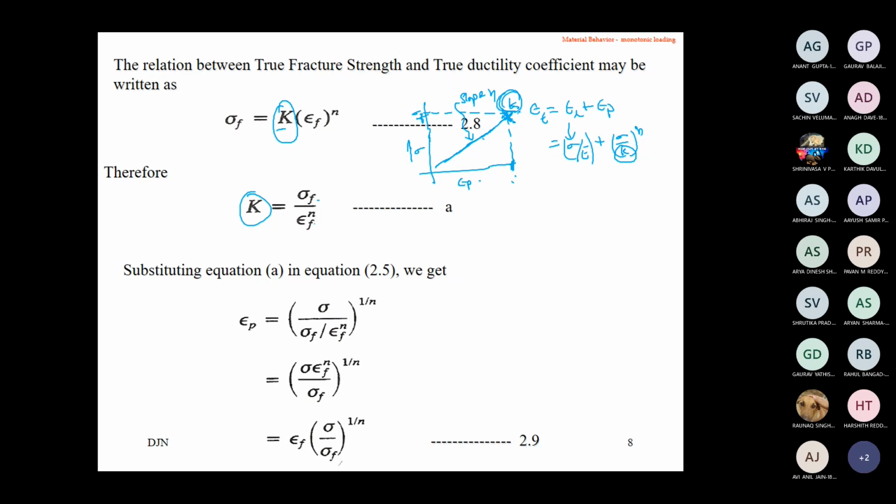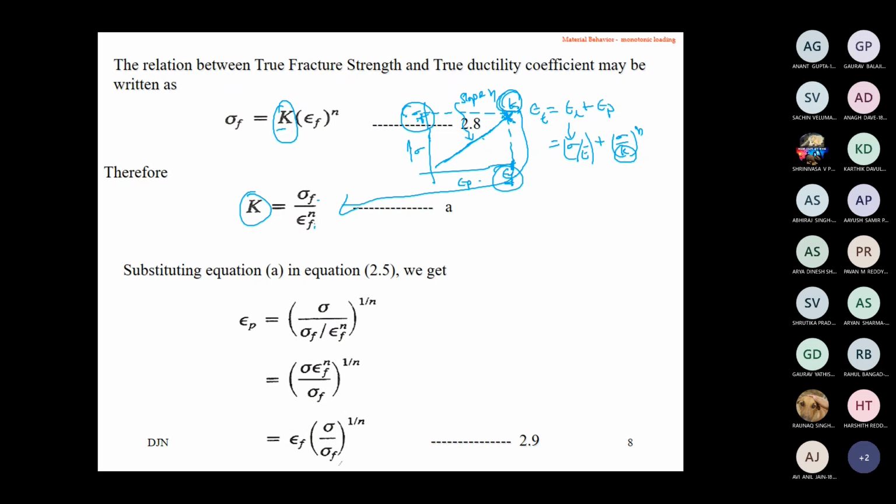So how to obtain this intercept mathematically is this particular relationship between sigma F and epsilon F to the power of the slope of that particular curve, where these are fixed parameters. True fracture strength is a fixed parameter. You can determine it from the tensile test, simple basic monotonic loading tensile test.